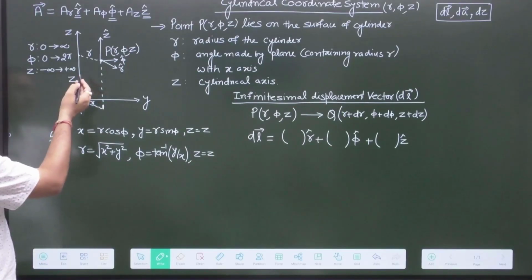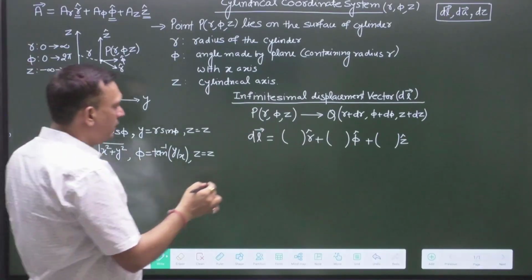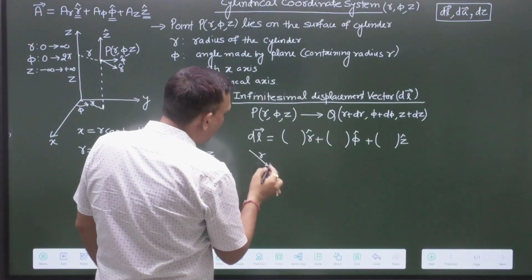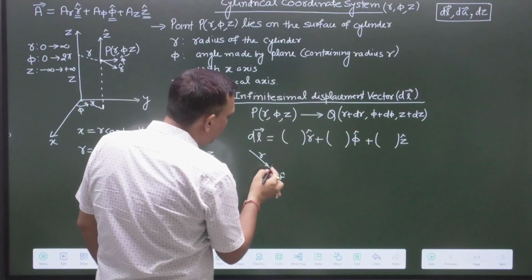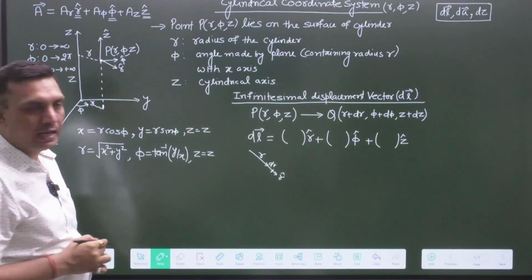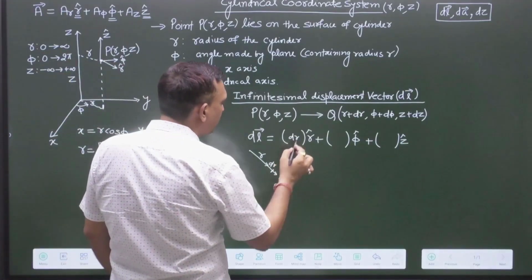Here you can easily see, if this is r and this is r cap, the change along r cap will simply be dr. So here you have to write dr.